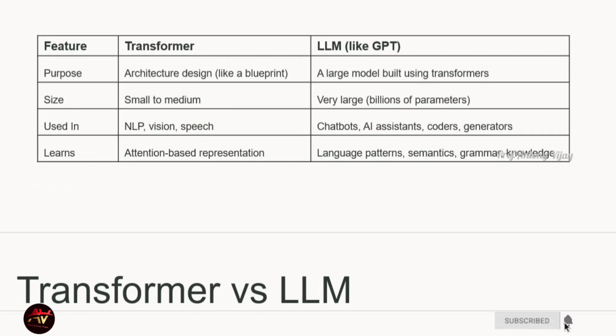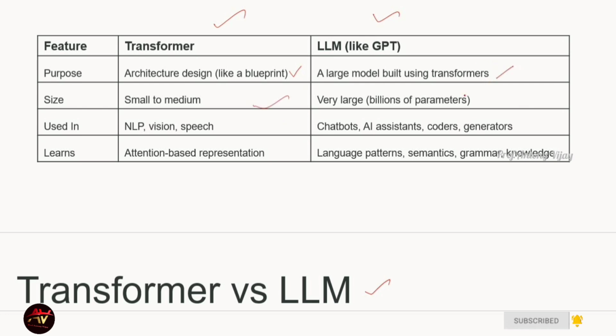And let's see the difference between transformer versus LLM. This is the transformer column and this is the LLM column. In purpose, a transformer is an architectural design, but an LLM is a large model. It is a very large model, whereas a transformer's size is small to medium.